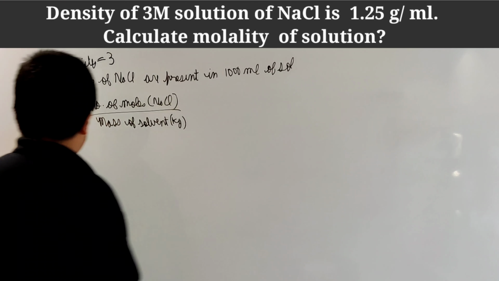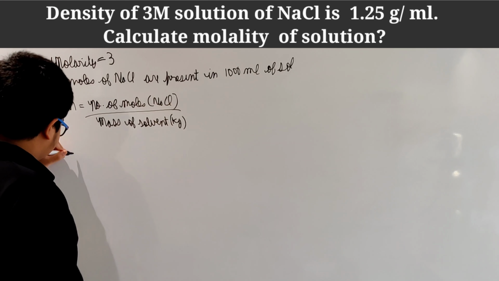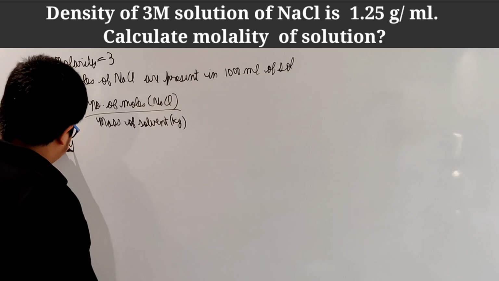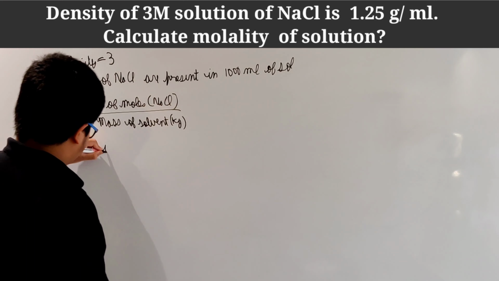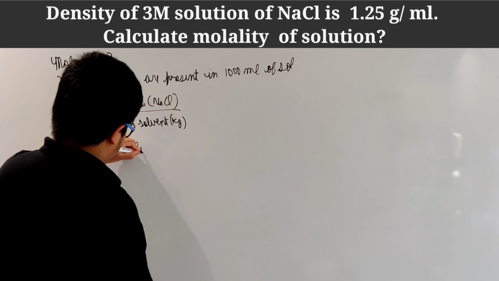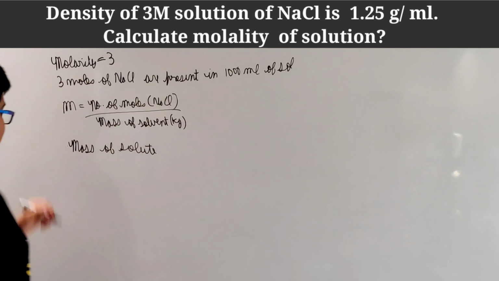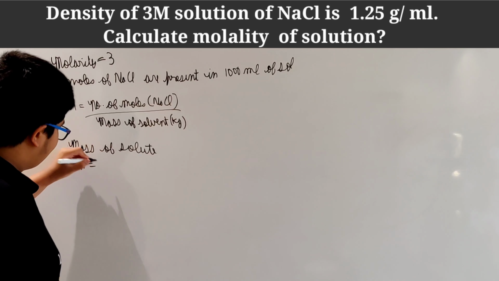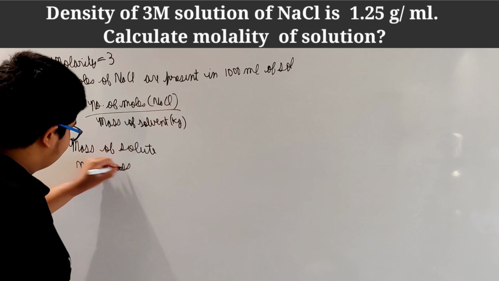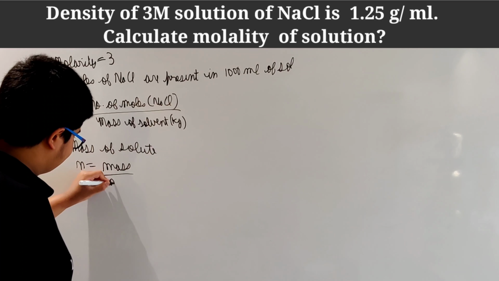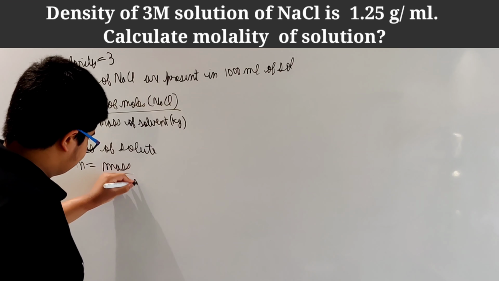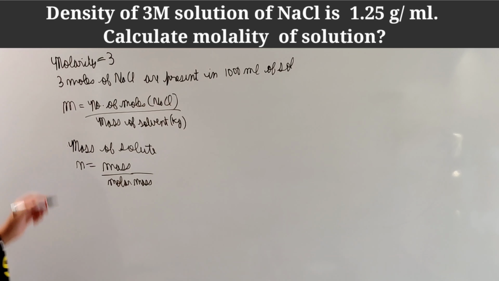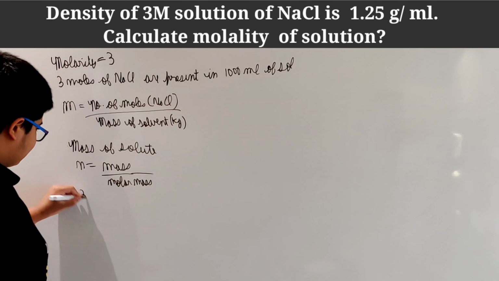So basically, first let's find the mass of solute. The formula says that number of moles is equal to given mass upon molar mass. So for solute, that is NaCl, the number of moles is given as 3.